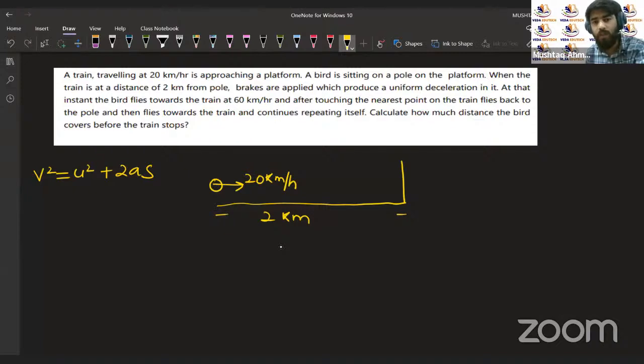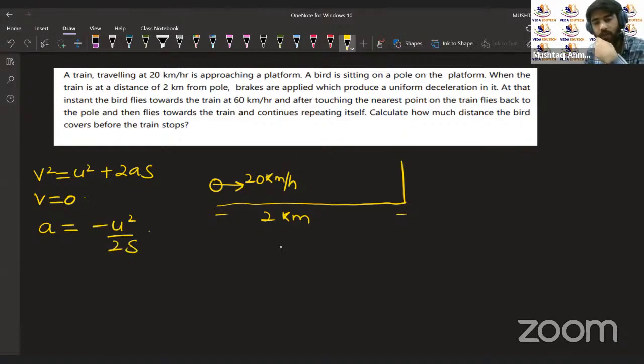So v will be equal to zero when the train stops. So from here, our deceleration a will be equal to minus u square upon 2s, right? Minus u square upon 2s.